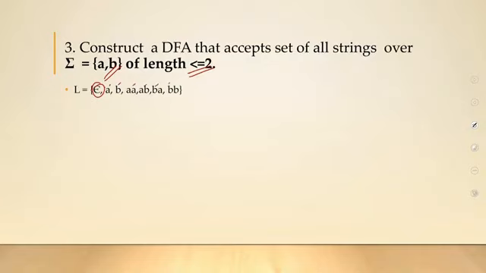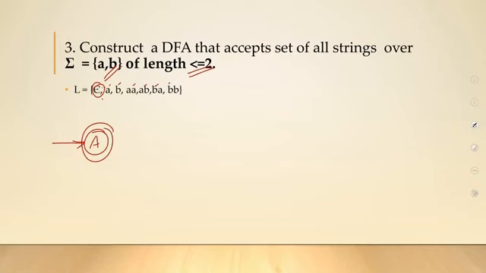Now let's try drawing the automaton for this. We'll have to be a bit careful in this. I'll start over here. A is my initial state. So my smallest string over here is null. To satisfy null, my initial state itself can be my final state, because I am encountering nothing.